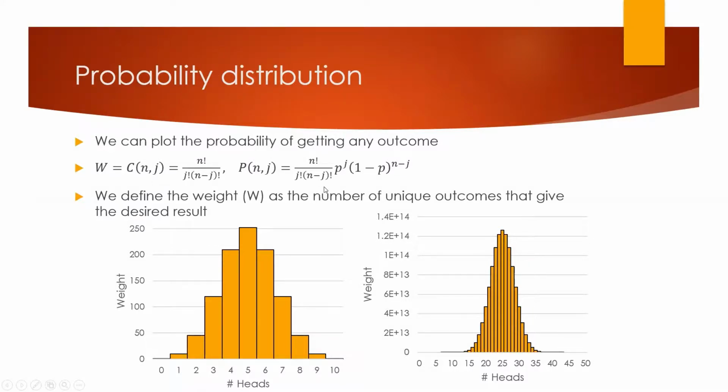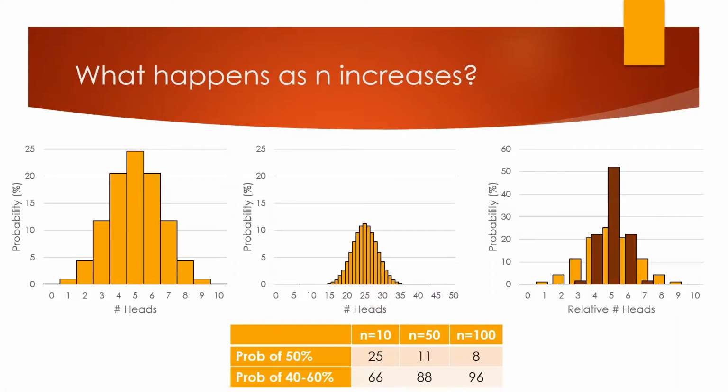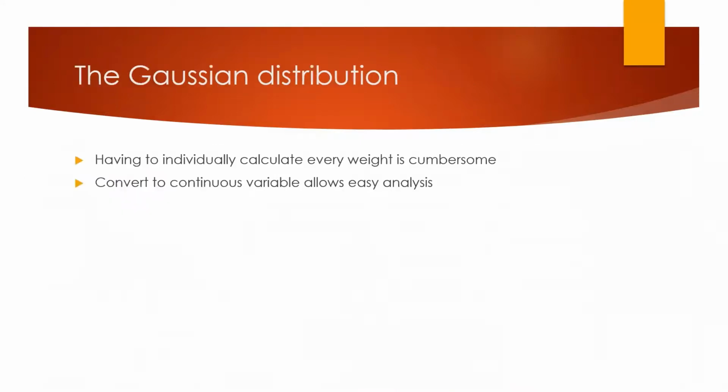Now, Excel can be pretty helpful with that, so I didn't do it by hand, I did it using Excel, but that's still cumbersome. And if I wanted to analyze 1,000 coins or Avogadro's number of molecules, this would not be very easy or fun to do. So instead, what we want to do is convert this into a continuous variable that we can use. This will allow us to analyze these things with relative ease.